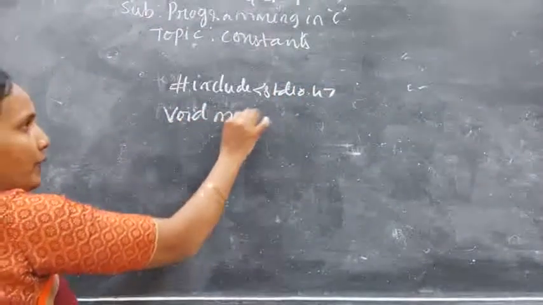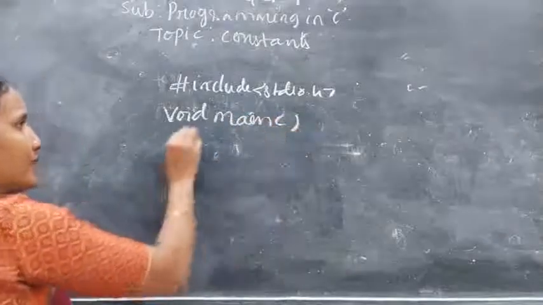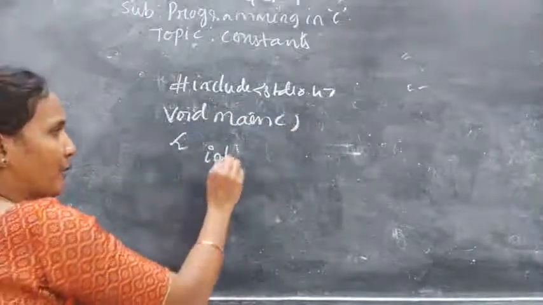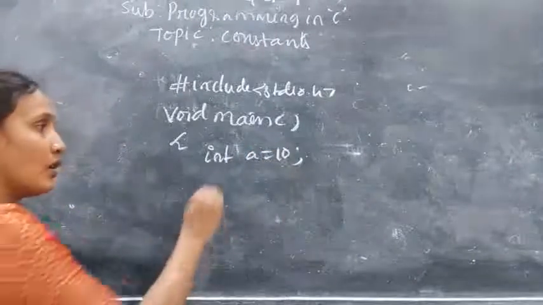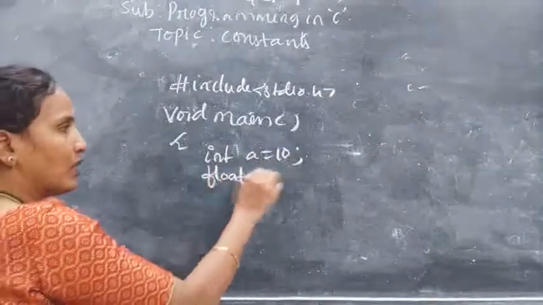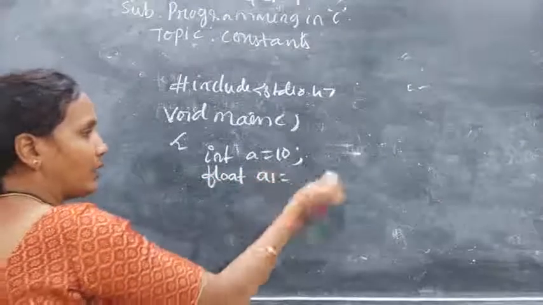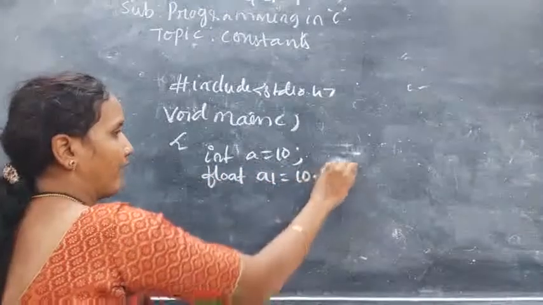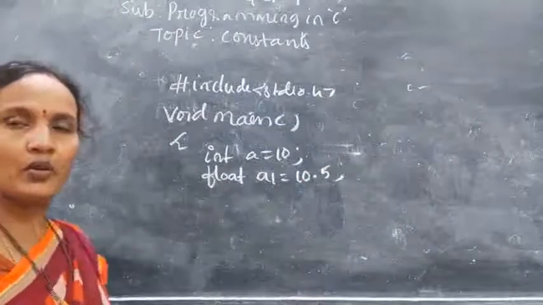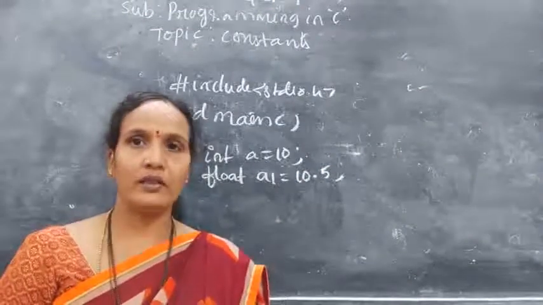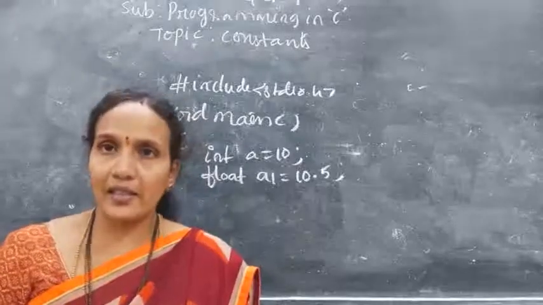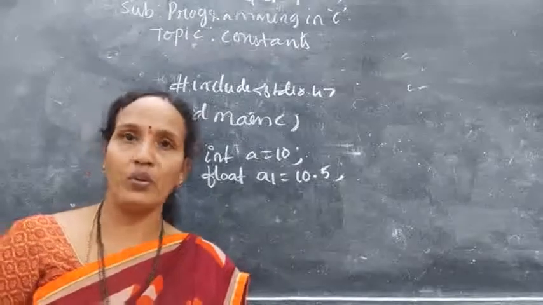From this point your program execution will start. Next, int a equals 10, an integer constant. Next, float b equals 10.5, a float constant. If you are adding one integer and one float, you will get the result in float, so the resultant variable I am declaring as float only.